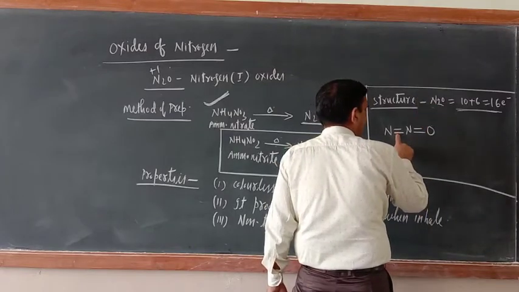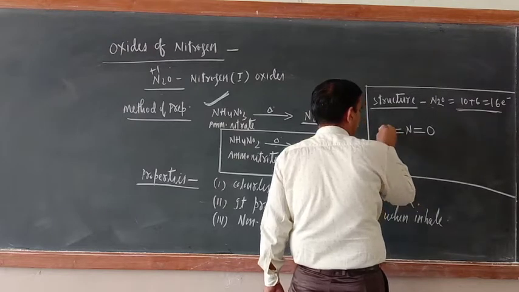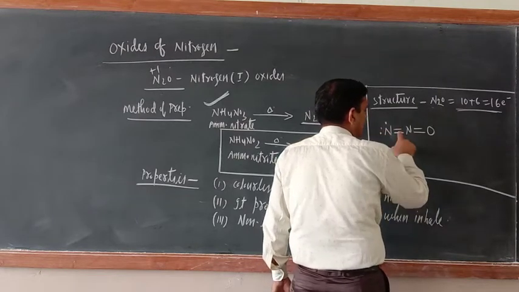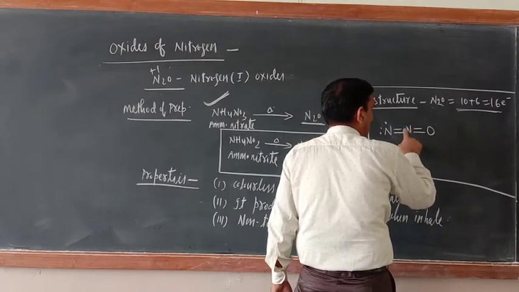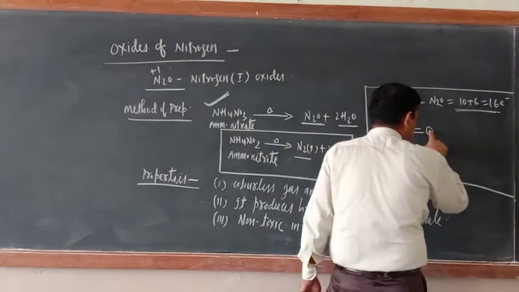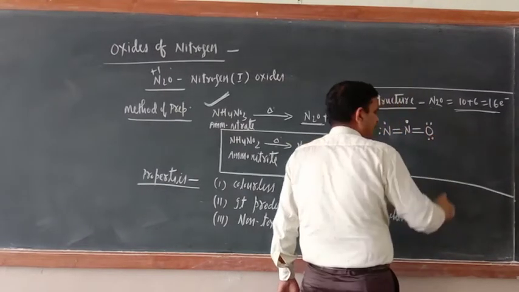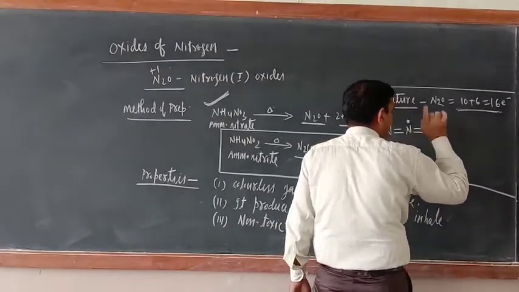So 2 electrons are shared here, so 3 electrons are left for this nitrogen. For this nitrogen, 4 electrons are shared, 1 electron is left here. For this oxygen, 2 electrons are shared, and the remaining 2 pairs, 4 electrons, are here.